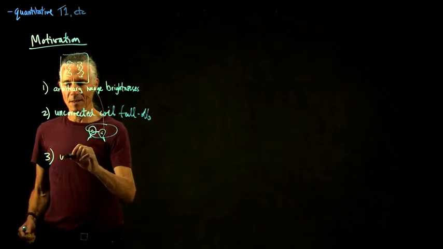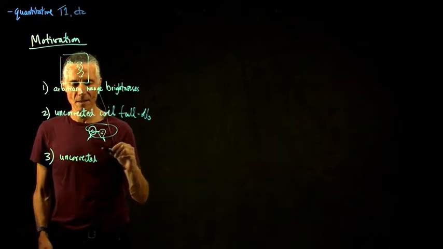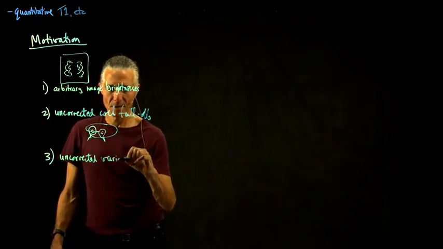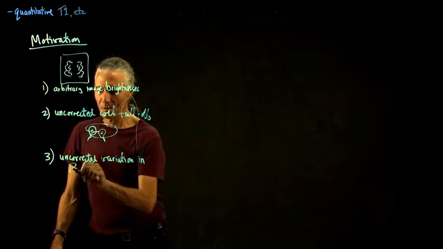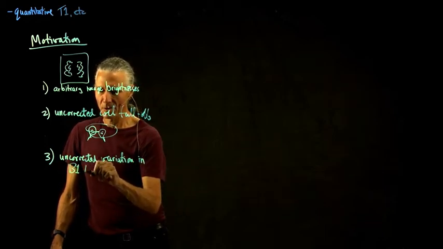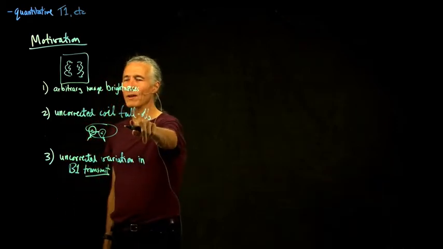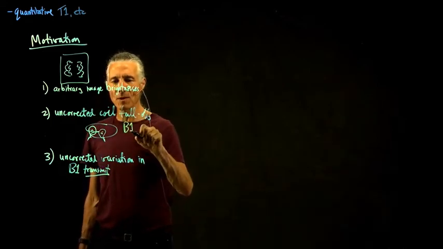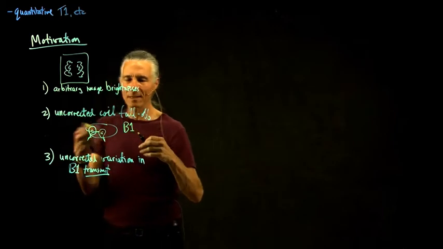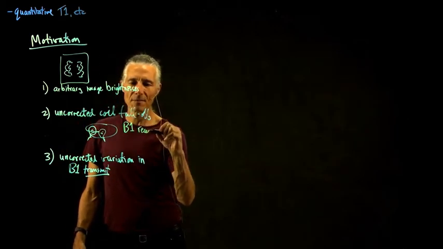So, uncorrected variations in B1 transmit. Here we were talking about B1 receive. So this is B1, meaning the transverse magnetization as opposed to the longitudinal. So this is B1 receive.